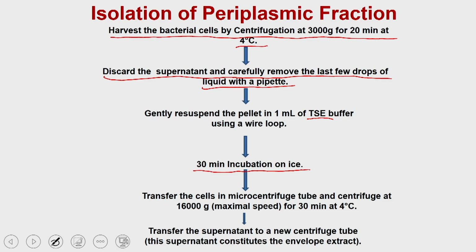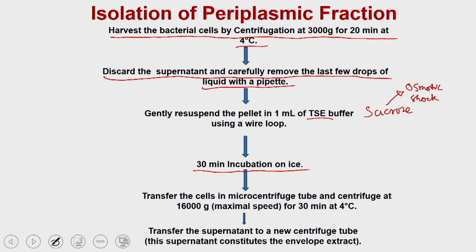This TSE buffer contains sucrose, and it also contains Tris and EDTA. The sucrose actually gives the osmotic shock to the cell, and as a result the material present in the periplasmic fraction comes out into the supernatant.